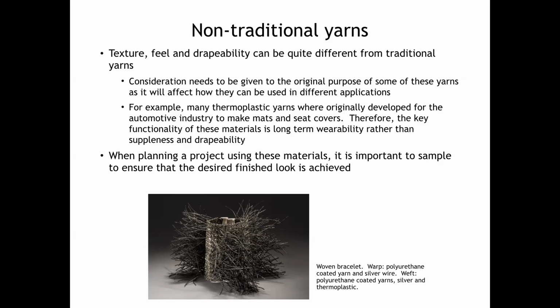Okay, so you've got to think about what was the original purpose of these materials, and your expectations should really be set based on that. So you cannot expect a braid made out of thermoplastic to behave exactly the same way as a braid made out of silk. Different materials, different effects. And that is it.